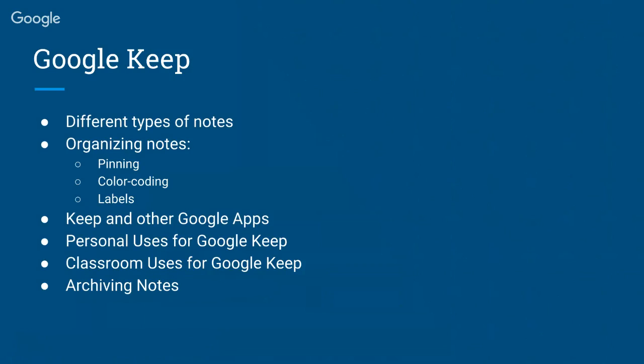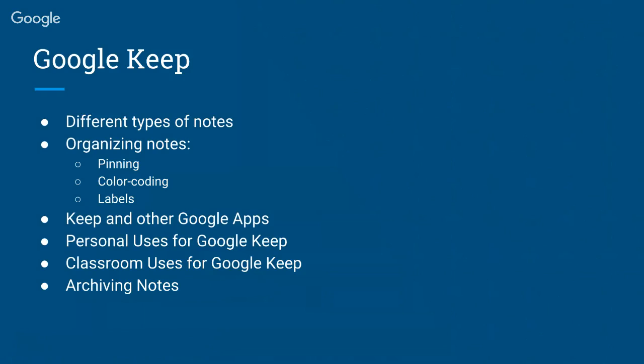So here's what we're going to talk about in the next 20-ish minutes: the different types of notes that you can take in Google Keep, and the 3 different ways that you can organize them. Again, it's pretty simple, so it's an easy thing for students to pick up and start using immediately. We'll cover how Keep integrates with other Google apps, and as I talk, I'll give you examples of personal uses and classroom uses.